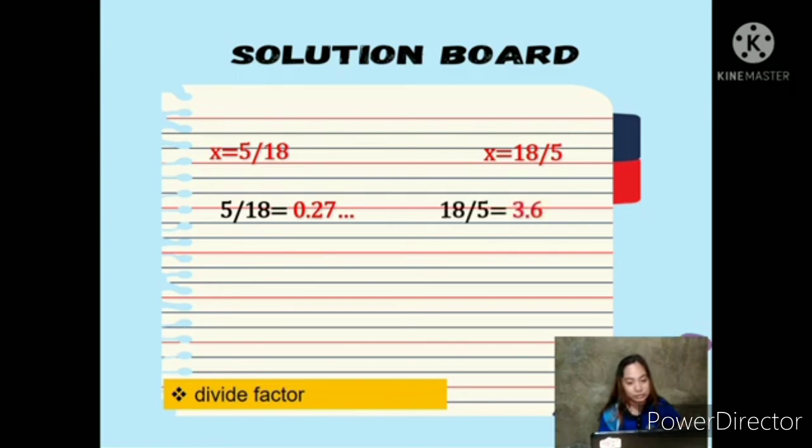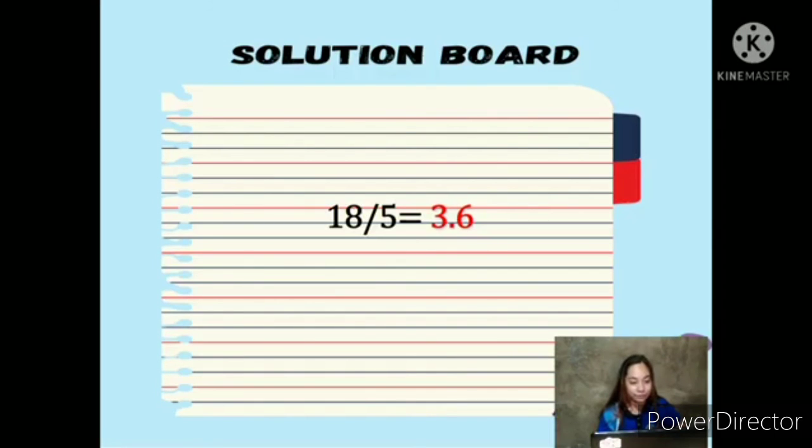And 18 divided by 5 is equal to 3.6. So, dahil ang hinahanap po natin ay greater than 1, ang magiging sagot natin ay itong 18 over 5 dahil 3.6 po siya. Mas mataas sa 1.